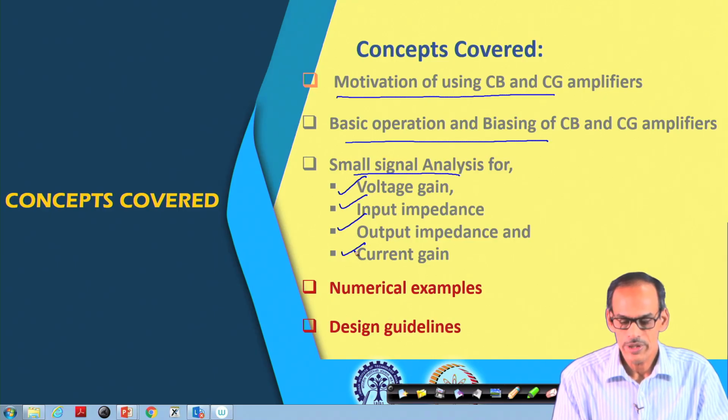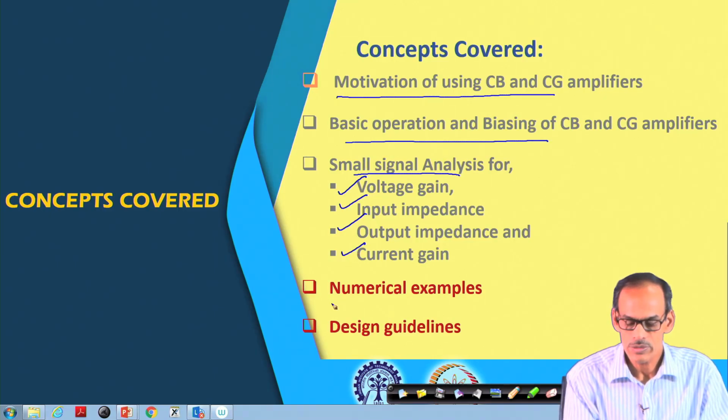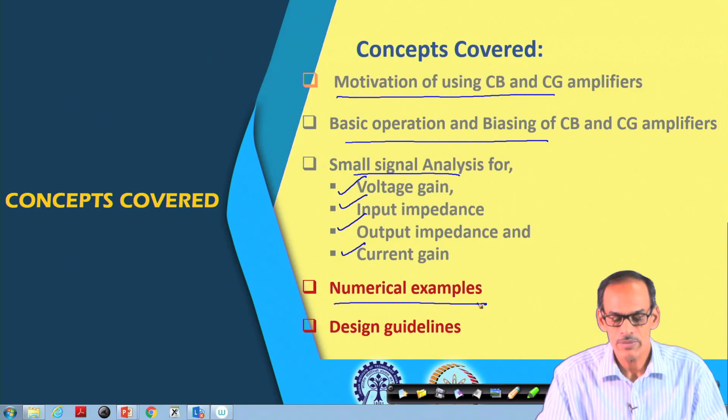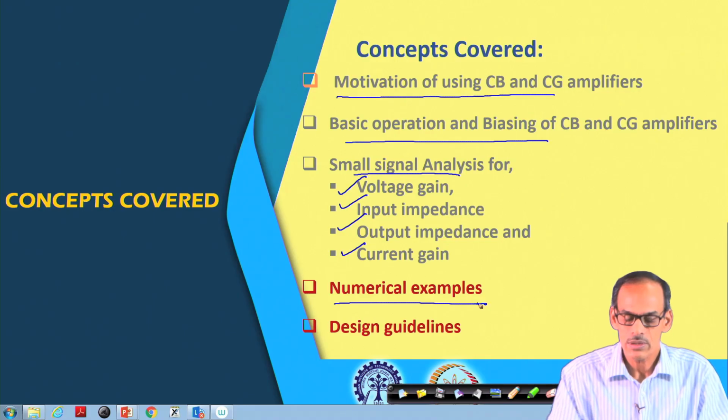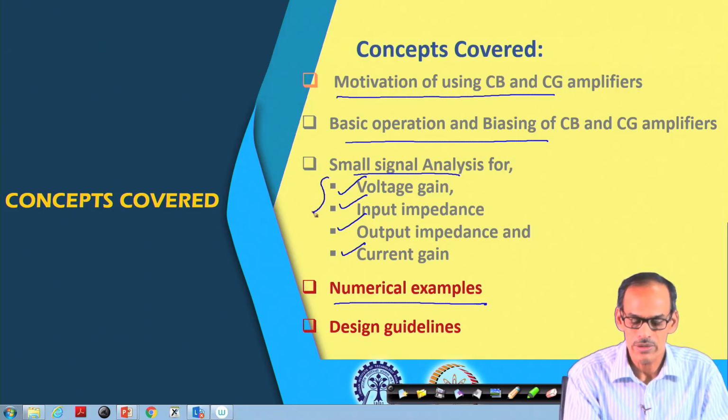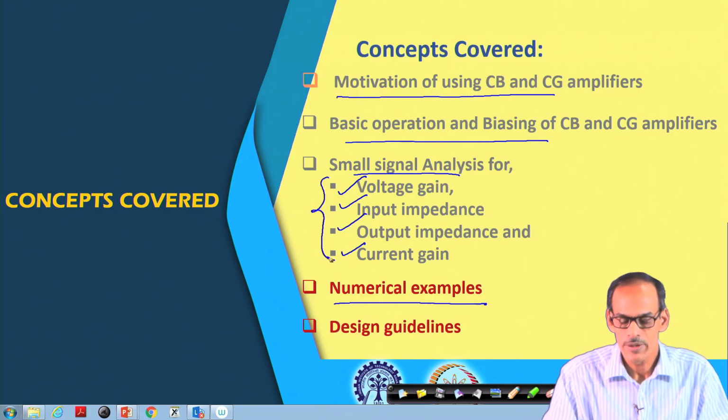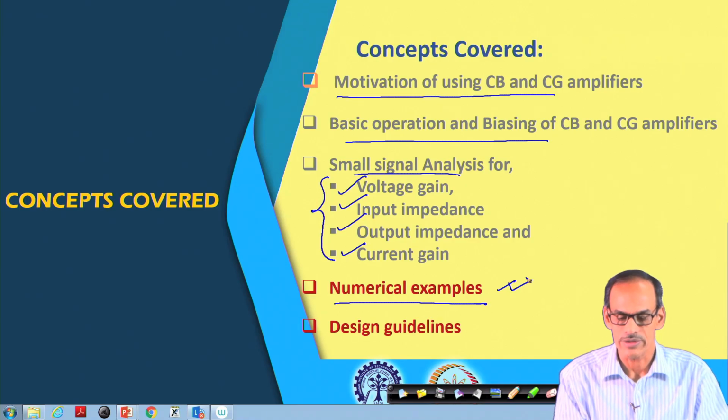Today, we will be covering a number of numerical examples associated with these two basic configurations, and the expressions we obtained in the previous class for different parameters will be extensively used here, and we will get numerical values of those parameters.